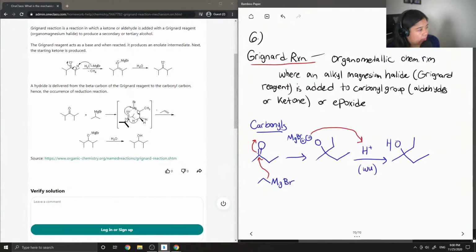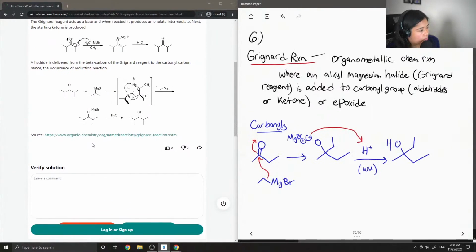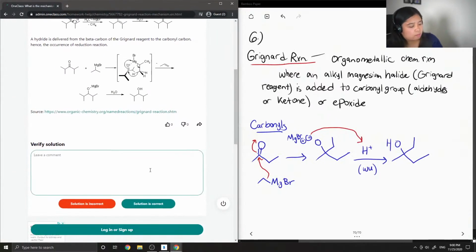And you can see the movement of the protons and electrons. So this comes and takes that. That just pretty much shows how it can add another R group. BR, OH. Yep, so this solution is correct.